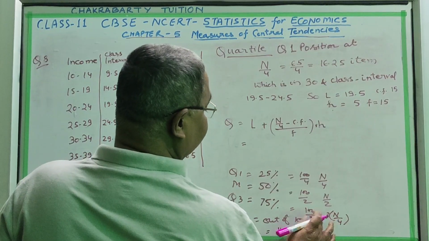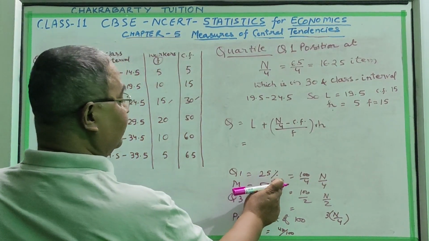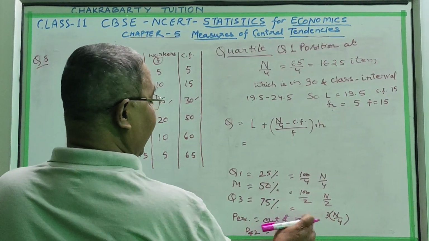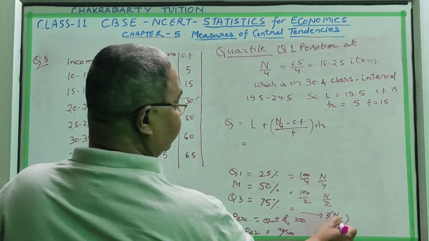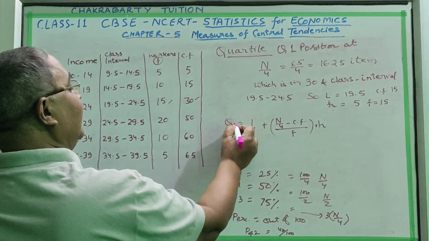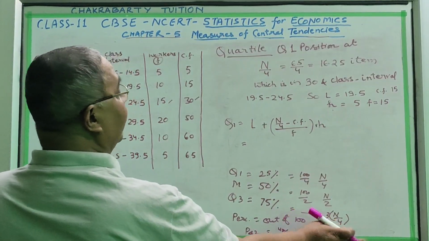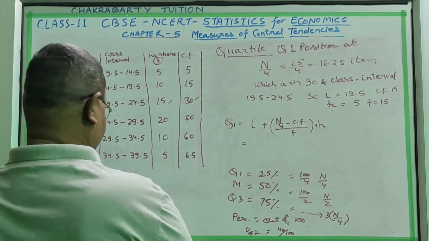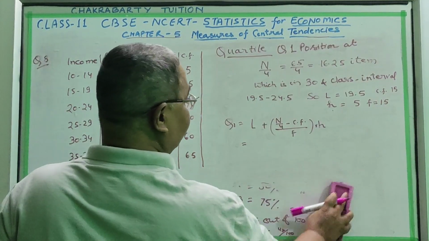So for 1 quarter you take 25, n upon 4, and for 75 you do 3 times n upon 4, and the rest of the formula is the same. Suppose it is Q1, and if it is Q3, here it will be 3 into n upon 4. Okay. So now I have explained all this, and now we are going to calculate Q1.